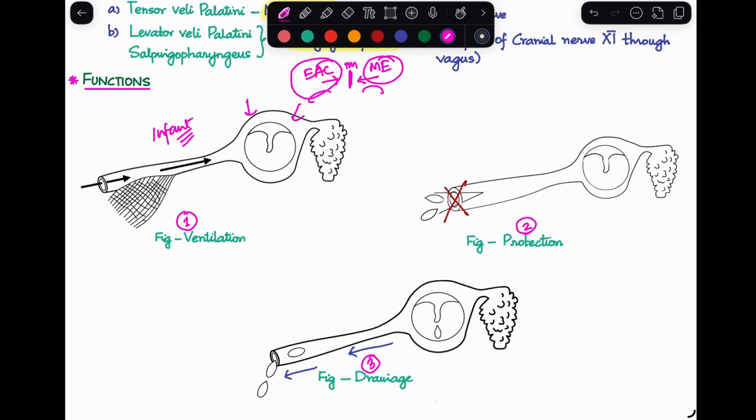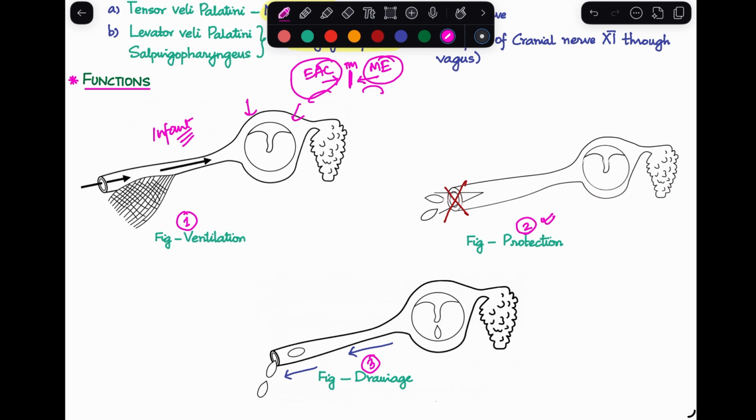But after they turn 7 to about 10 years old, all those problems start normalizing because the structure of the eustachian tube itself also changes to an adult structure. So this was our first function, which is basically ventilating the middle ear and maintaining an equilibrium of air pressure on each side of the tympanic membrane.